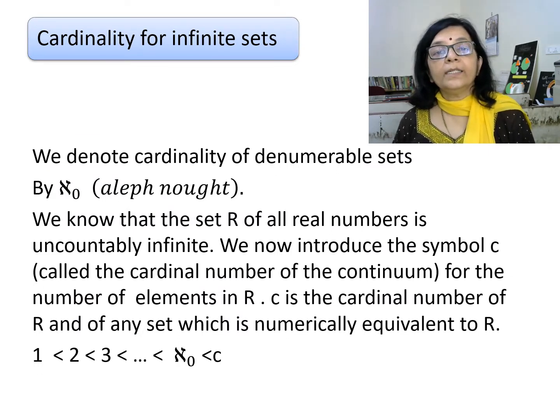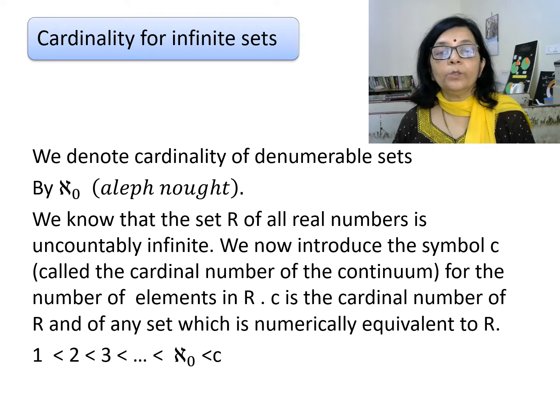Now, cardinality for infinite sets. We denote the cardinality of denumerable sets by aleph naught. We know that the set R of all real numbers is uncountably infinite.